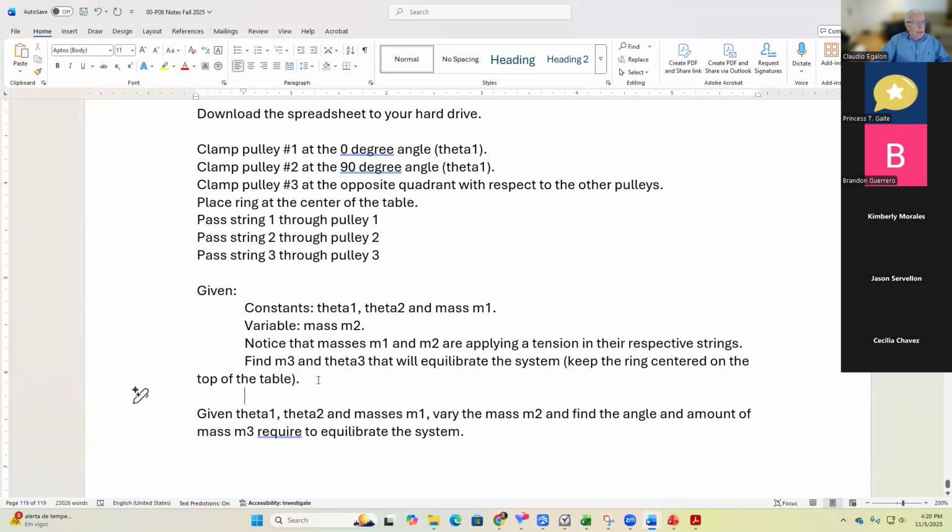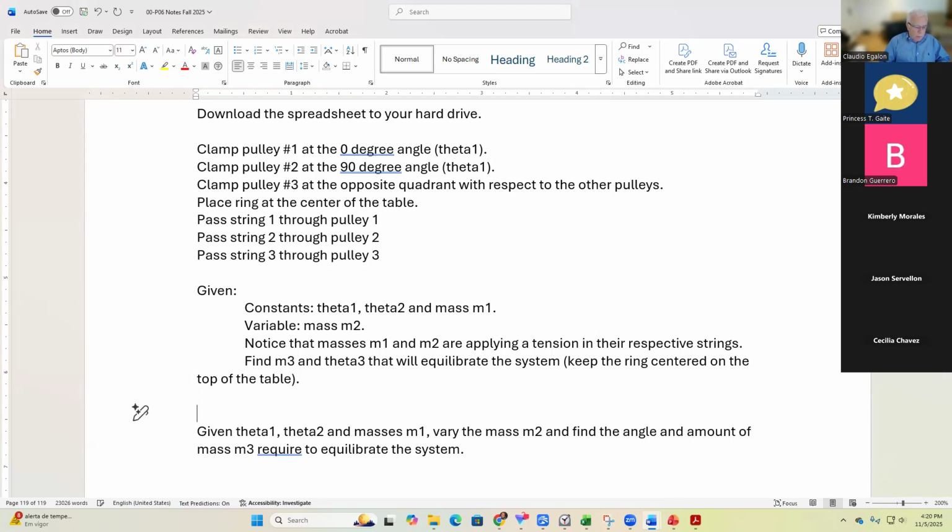In order to do that, we do the following. First, we load M1 and M2. That's a very important step here.